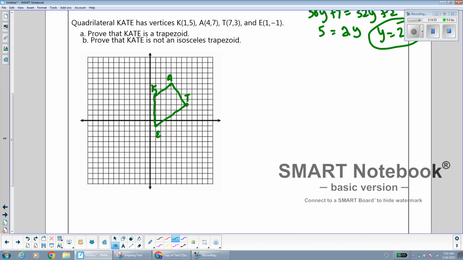So I know by definition, a trapezoid has only one pair of parallel sides. I'm just going to use the slope formula to show that only the bases are parallel to each other. So I'm going to pause the video so I can plug into my slope formula.